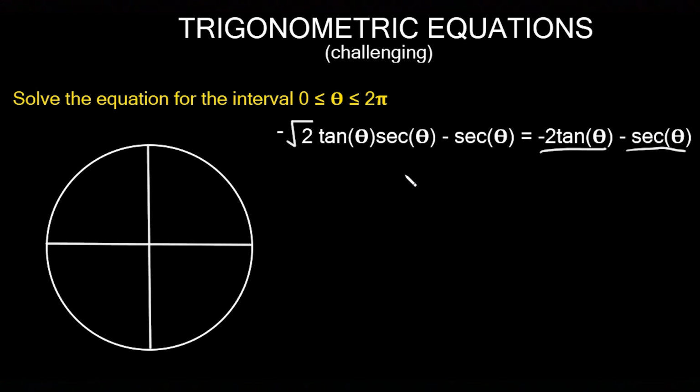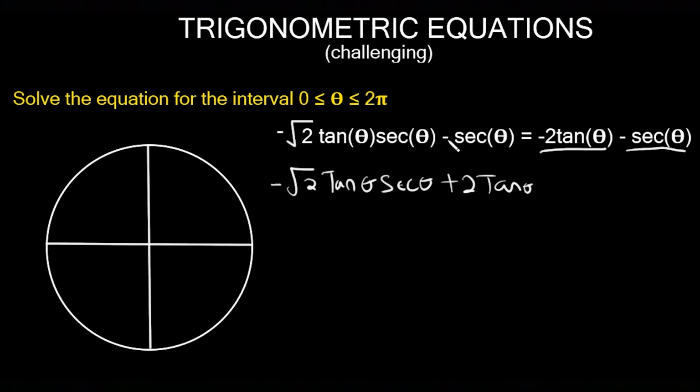So I'm going to go ahead and rewrite the problem. I'm going to say negative square root of 2, and then tangent theta, and then secant theta, plus 2 tangent theta. And then when I move over negative secant theta, what happens? Well, remember, when I move it over, I'm adding it.